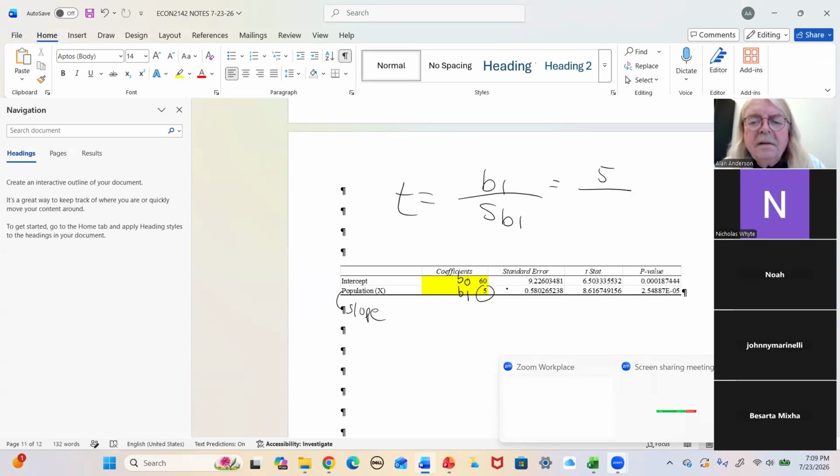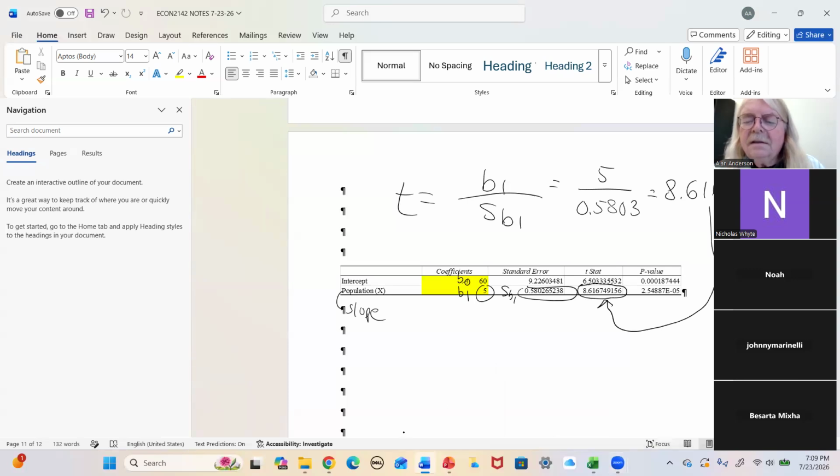Standard error of B1 here. We'll round it off a little bit. It's approximately 8.616. Now, even this wasn't necessary because look, there it was. It was there all along. How do you like that?